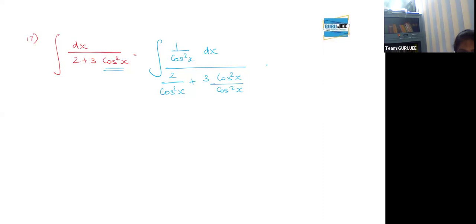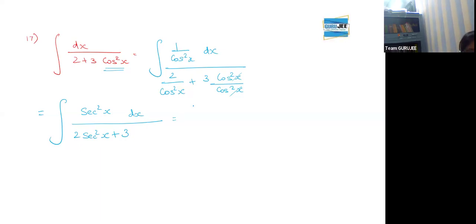Okay, totally divided. You have two terms in the denominator, separately divide the two terms. Next, what happens? 1 by cos square x can be replaced as secant square x divided by 2 secant square x plus 3, as cos square x gets cancelled.